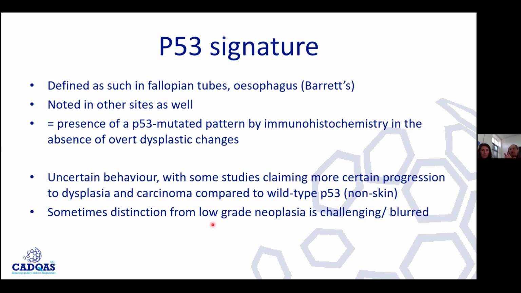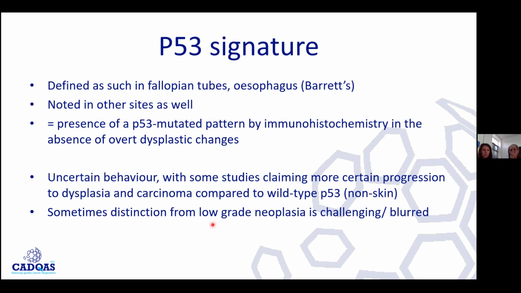The P53 signature has been with us for a little while. As you say, it started off in the fallopian tube epithelium. If you remember, it was associated with carriers of particular mutations.